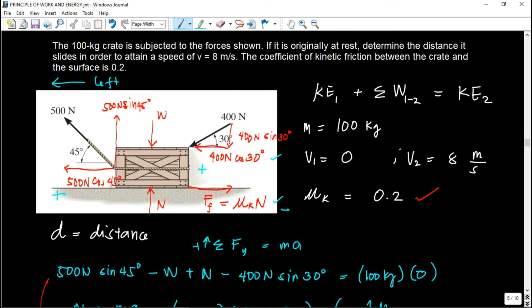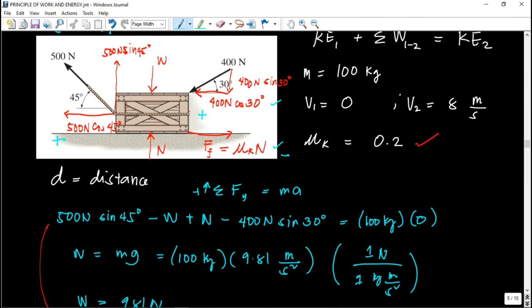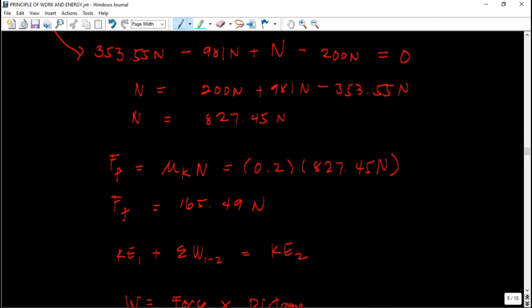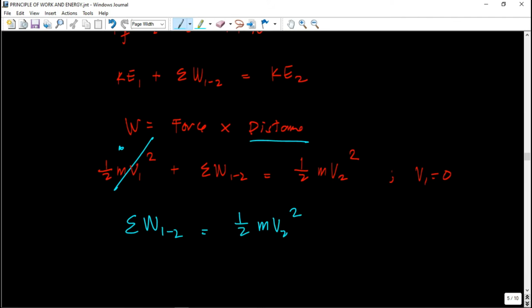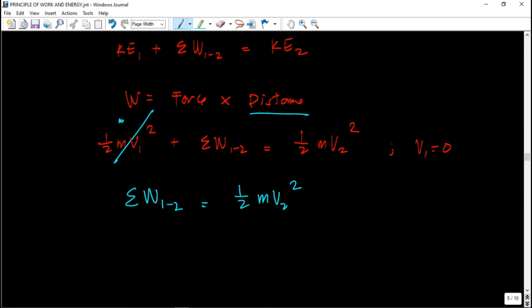So those three forces do work. Let's put it here: the summation of work from 1 to 2. That is 500 newtons cosine 45 degrees times distance, force times distance D, which is what we are looking for. That is positive work.